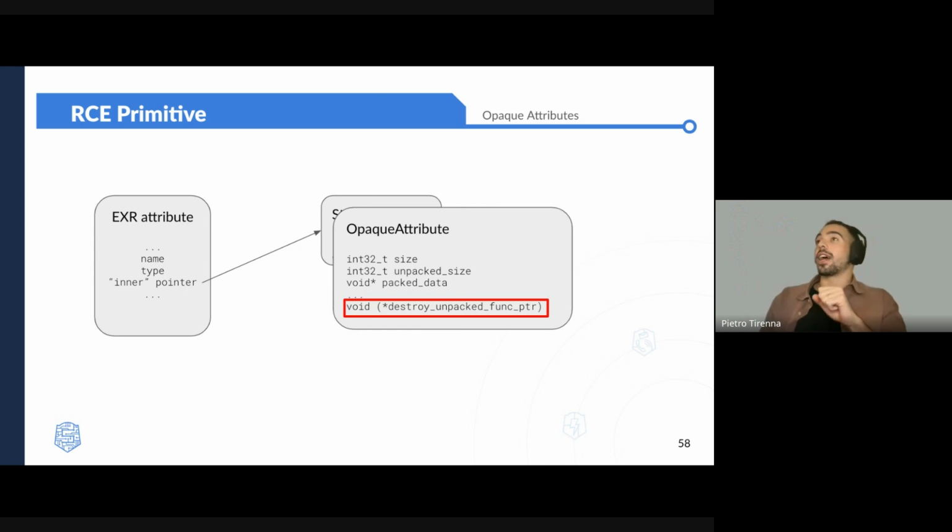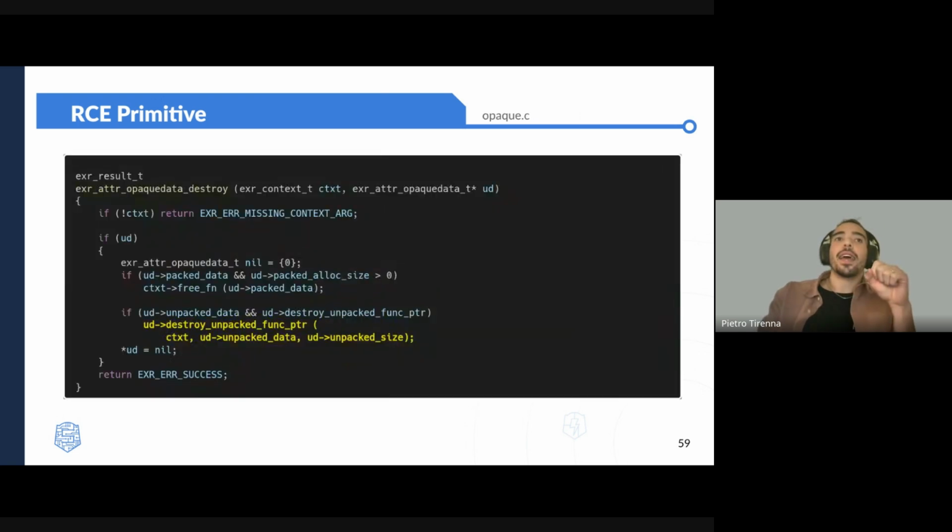There's one particular kind of attribute that is really interesting for us, because among its fields, it has a function pointer property stored in the object. The reason it has that function pointer is that when we destroy the EXR context, for example when the EXR file goes out of scope in the C++ code, we need a way to deconstruct these attributes.